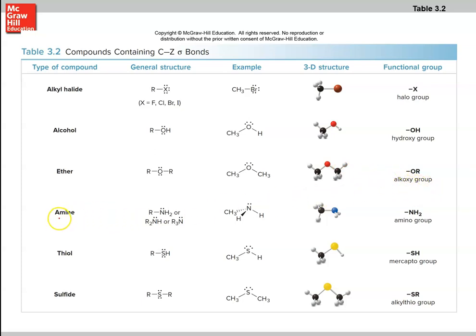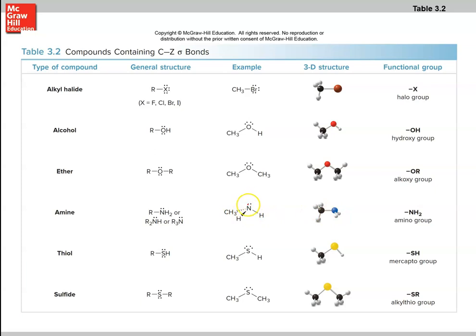An amine functional group, where we have an R group, a chain carbon, attached to a nitrogen. You can have 1 carbon attached, you can have 2 carbons attached, you can have 3 carbons attached to the same nitrogen, and even 4, and we'll look at that in a second here. So this is the shape.